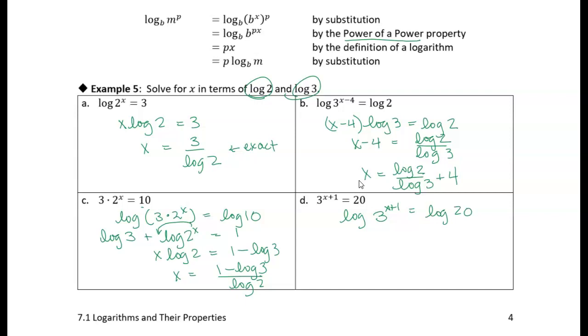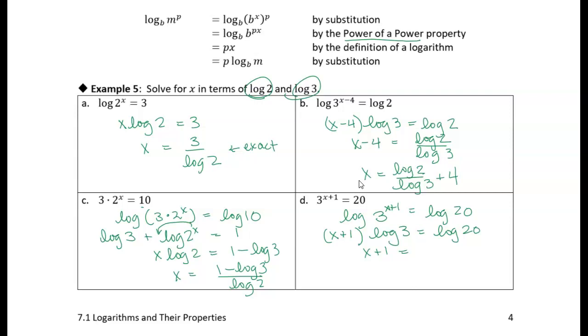All right, well, I can bring that exponent out front. And I have to remember to put parentheses around it. So it's the quantity x plus 1 times the log of 3 is equal to the log of 20. Now I want to solve for x, right? So I can just divide both sides by the log of 3.